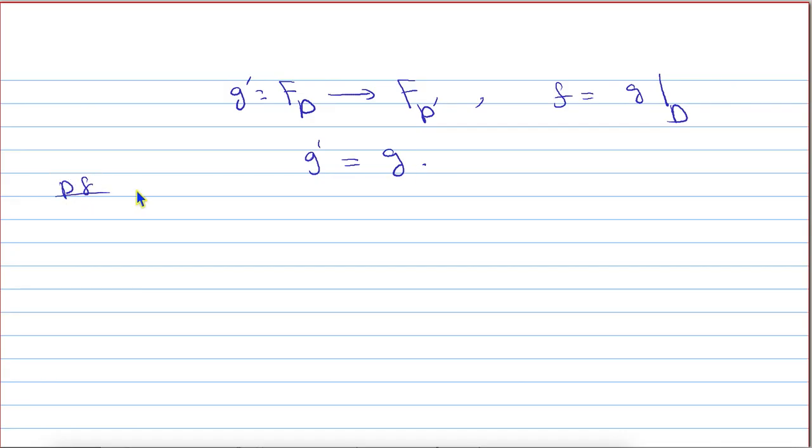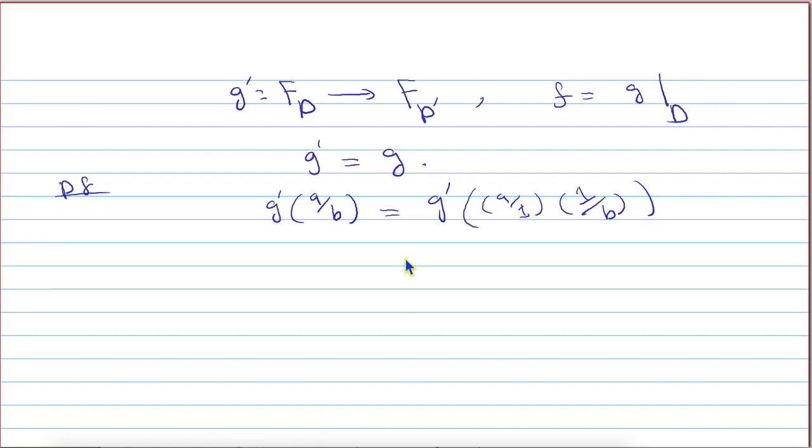Proof is simple. We take any element in F sub D and apply G prime. So G prime of A over B, we can write it as G prime of, writing A over B as a product of A over 1 into 1 over B.